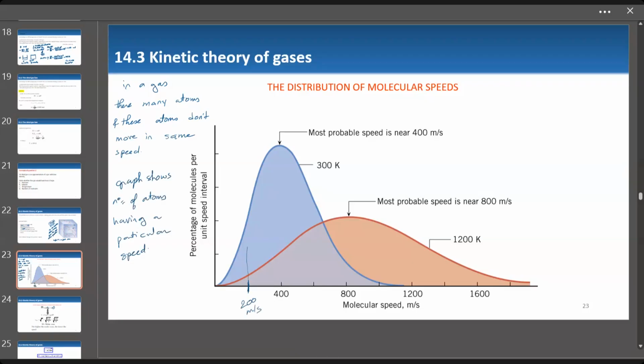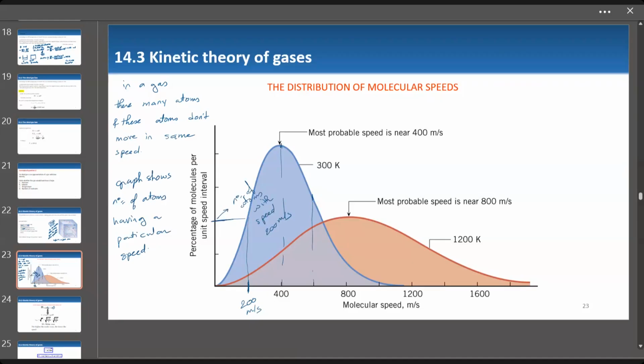If you go on the y-axis, we get the number of atoms with the speed 200 meters per second. We can go to 400, check the number of atoms, 600, check the number of atoms with a speed 600, and so on and so forth.